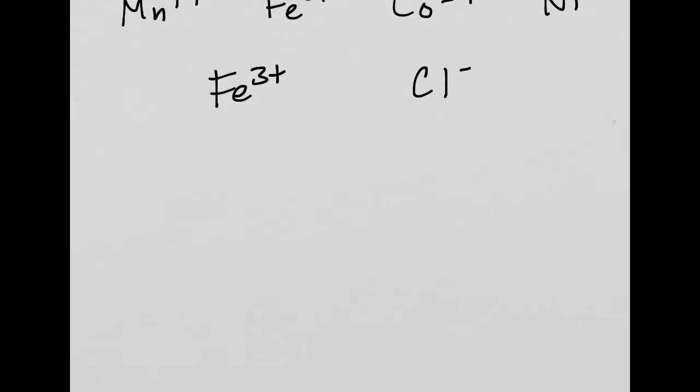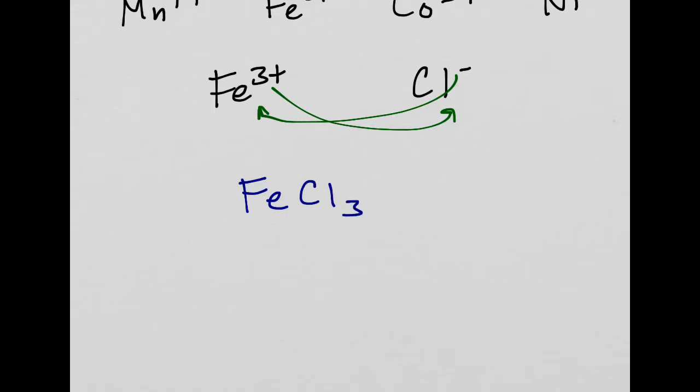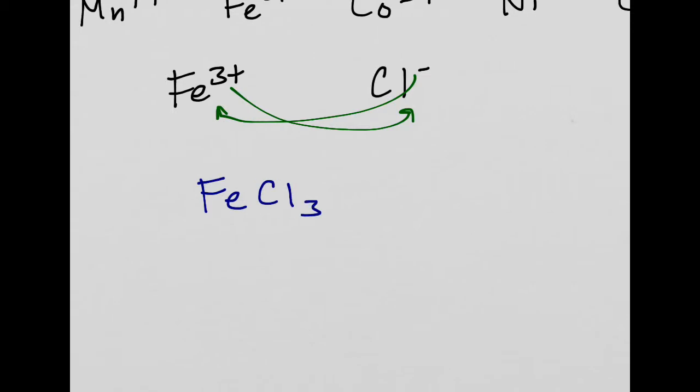If we do the crisscross method, you simply take the number associated with the opposite charge and put that below as a subscript. So it would look like Fe with a 1, Cl3. And that's exactly what it would be.